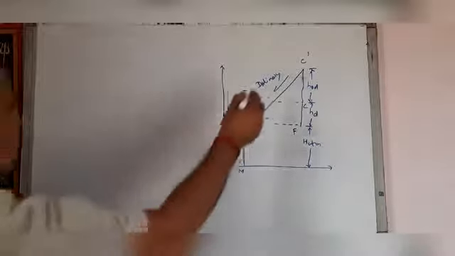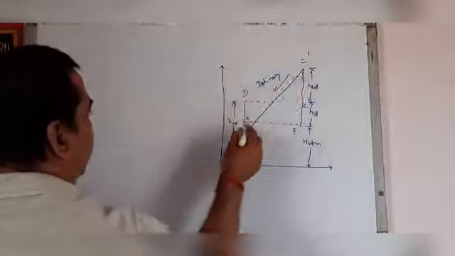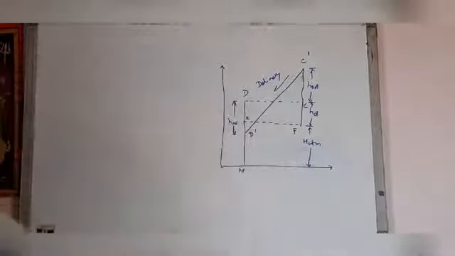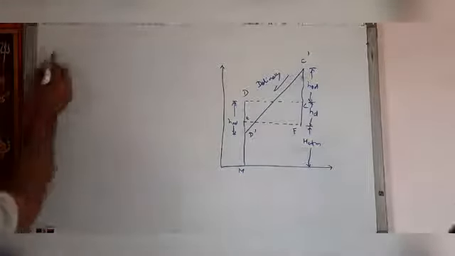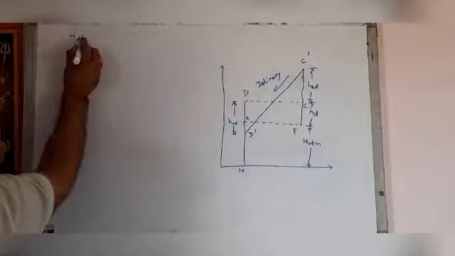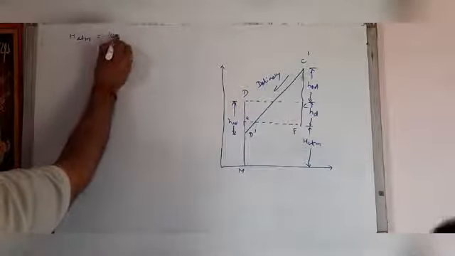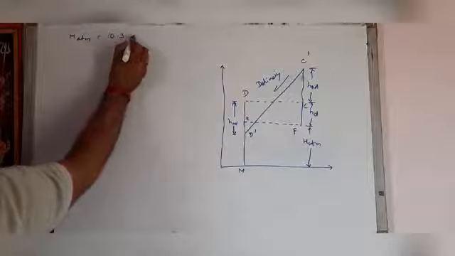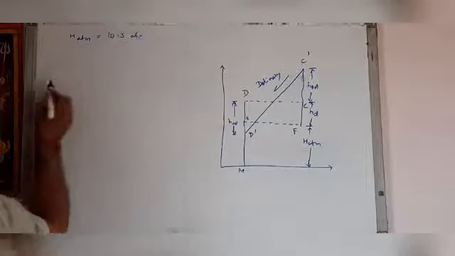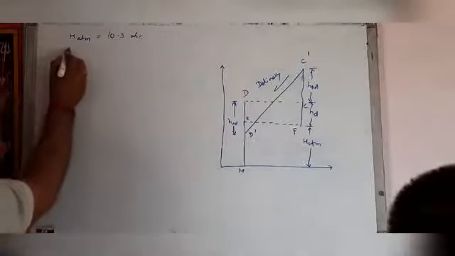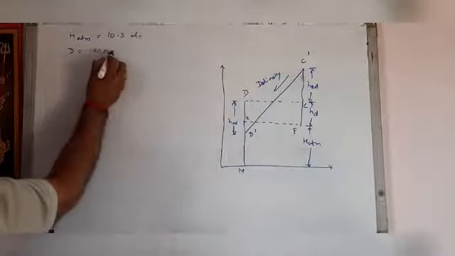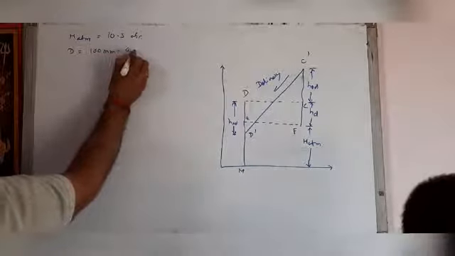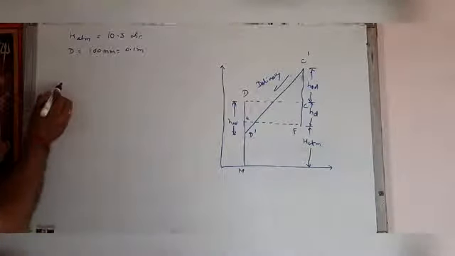Here, the delivery starts from C dash and ends at point D, and the data given in this question are: the atmospheric pressure head is 10.3 meter absolute, diameter of pump is 100 mm, equal to 0.1 meter.